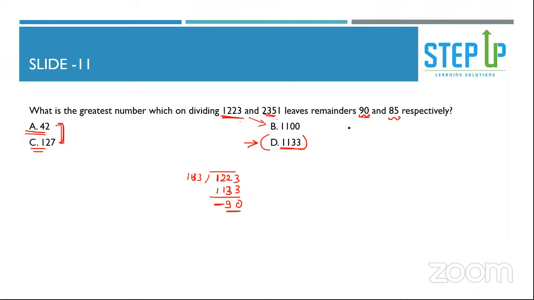Something we do with 90 minus 85. I'll remember this question, and whenever we have our next class, we'll discuss this question as the first one. All right. As of now, if you go by the options, yes, 1133 is the answer. I hope you understood, right? Going with the options.